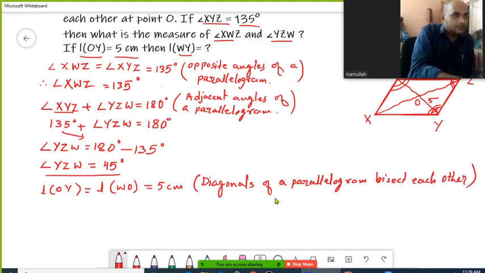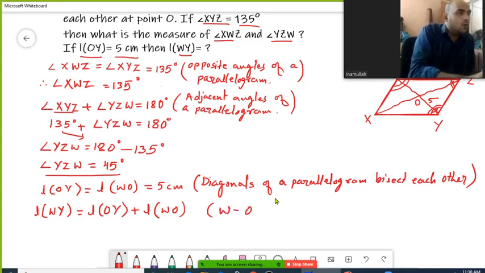So length of WY we need to calculate. So here we can say length of WY is equal with length of OY plus length of WO, because W, O and Y are collinear points. So this reason you need to mention.